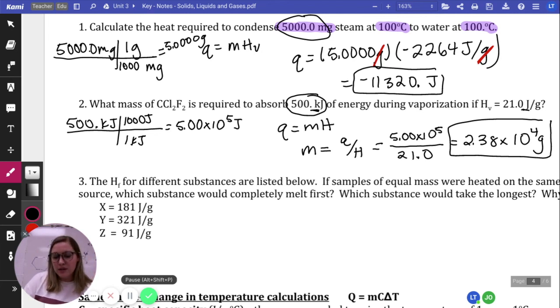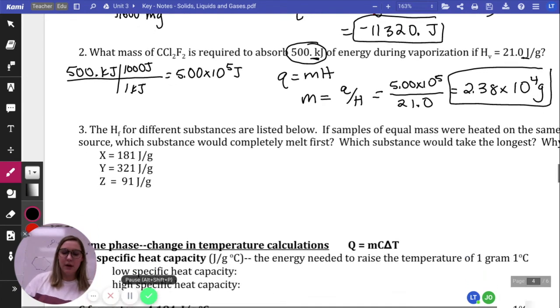So I manipulated my equation and said mass is equal to Q divided by H. So then I have my energy, which would be 5.00 times 10 to the 5th joules divided by 21.0 joules per gram. And so after I solved that, I was left with 2.38 times 10 to the 4th grams. All right, guys, there you go.